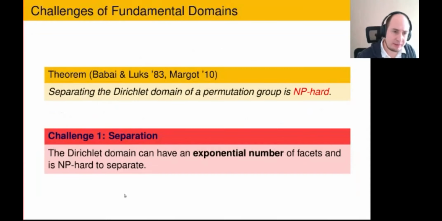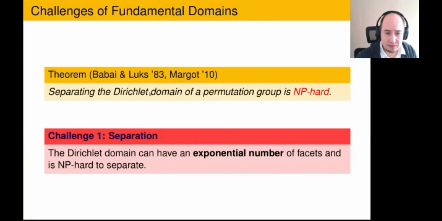I will talk about another motivation later, but first of all, when you're breaking symmetries and trying to use these fundamental domains, there are, I would say, two major difficulties that limit what you can achieve. First of all, in general, fundamental domains can be hard to separate, even for the most useful cases, for example, when you have permutation groups, which appear very often.